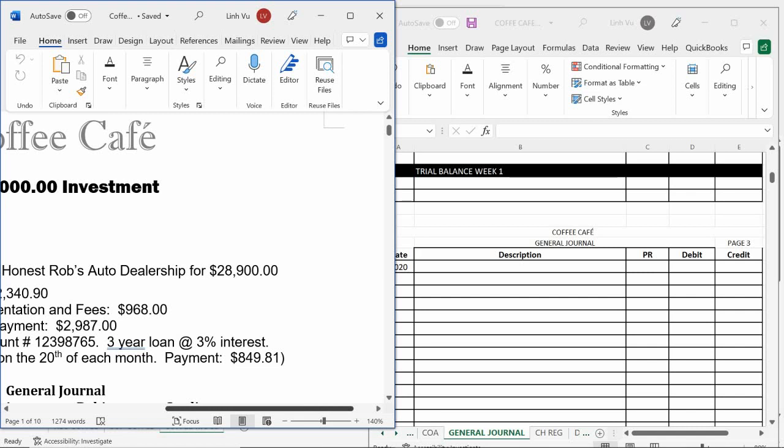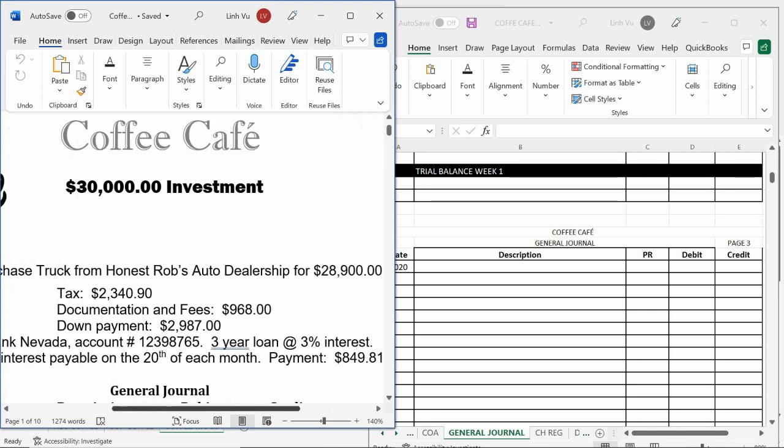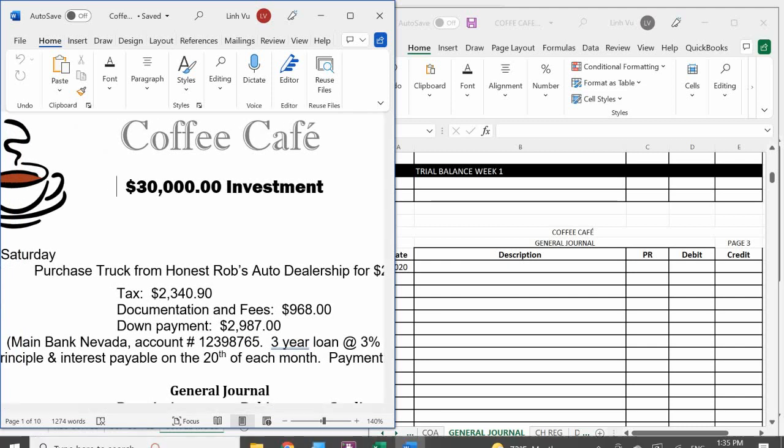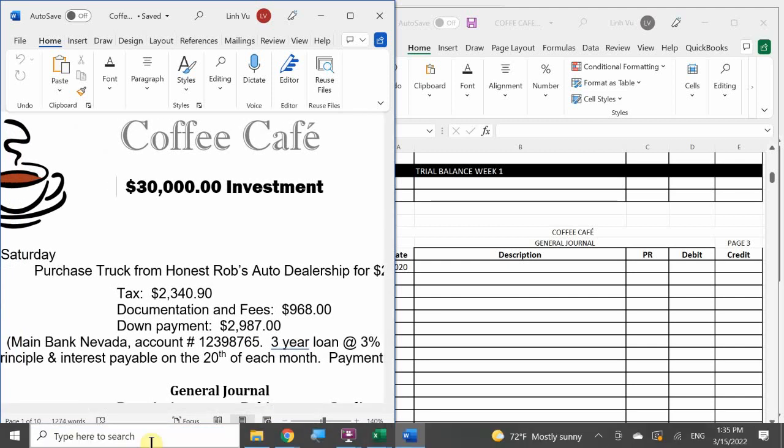Because you're getting a 3% interest rate, you're going to pay $849.81 to pay back this 3-year loan. In this case, I'm not going to have you calculate how much interest there is. It's already calculated for you.